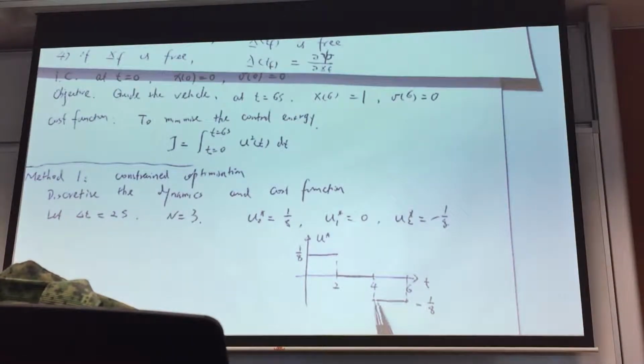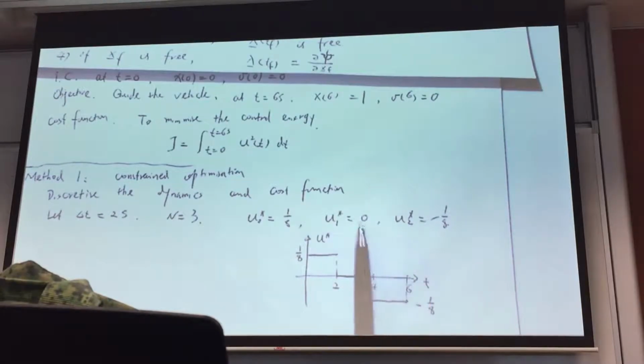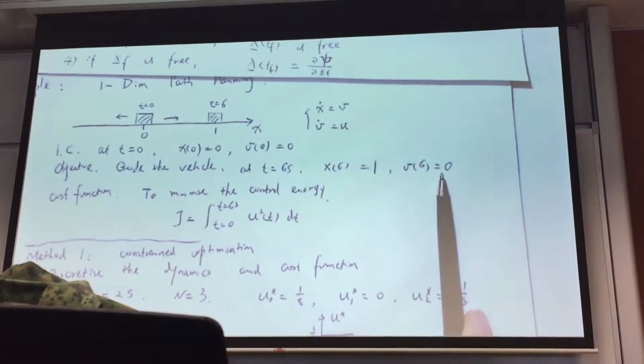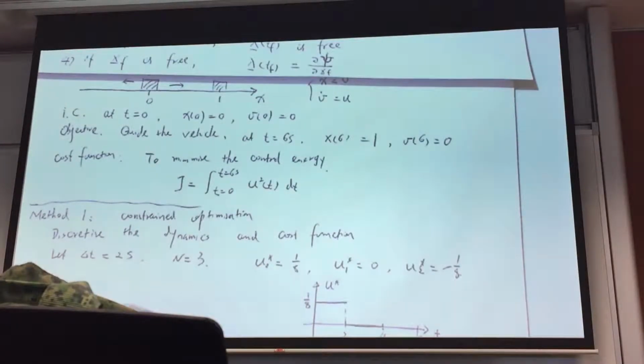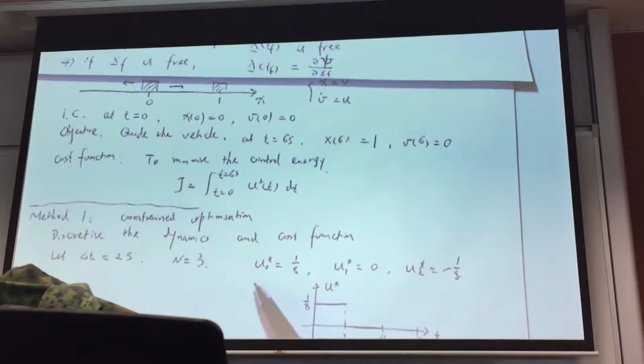The third, I would say the final stage, is to decelerate until the vehicle stops at the location of 1 with velocity equal to 0. Remember, in the previous method we constructed a constrained optimization problem, we constructed the Hamiltonian, and we calculated the derivatives. Eventually, we get this kind of solution.